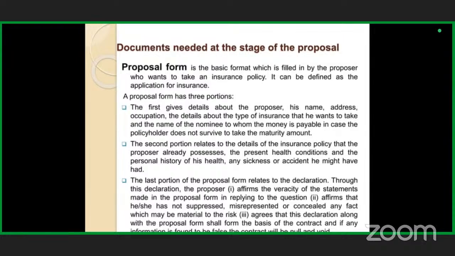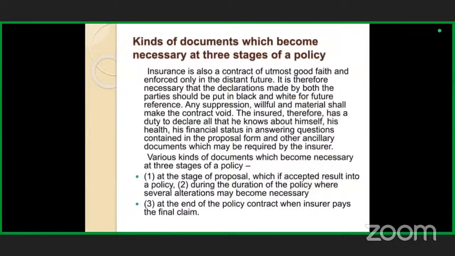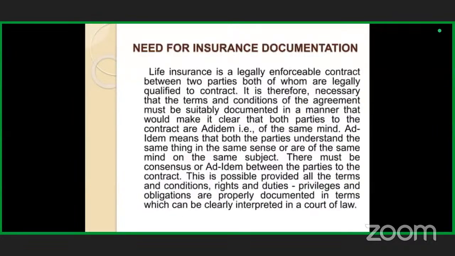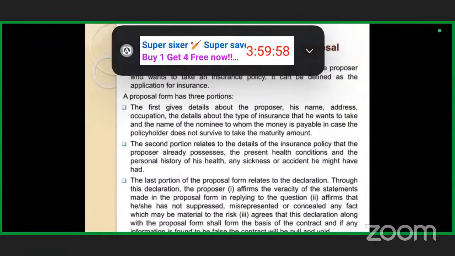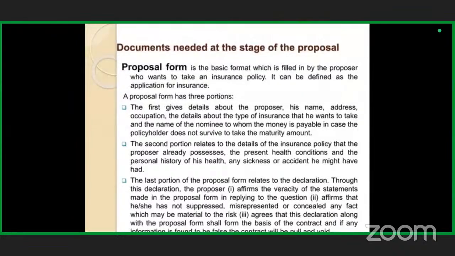Then coming to the third portion of the proposal, this will be called the last portion. This portion of the proposal form will have a variety of statements made by the proposer in reply to questions. An affirmance that he or she has not suppressed, misrepresented, or concealed any fact that may be material to the risk.